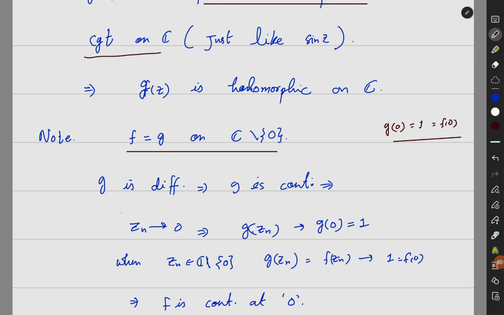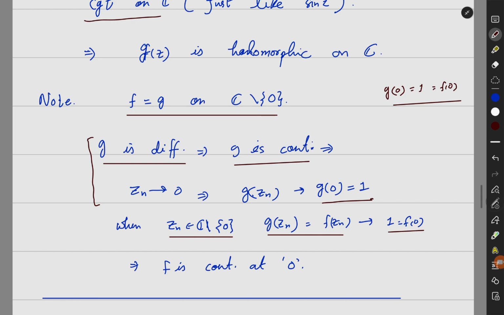And because g is differentiable, g is continuous. For z_n in C minus 0, g(z_n) is the same as f(z_n), and that g(z_n) is going to 1, so 1 is equal to f(0), so f is continuous at 0.